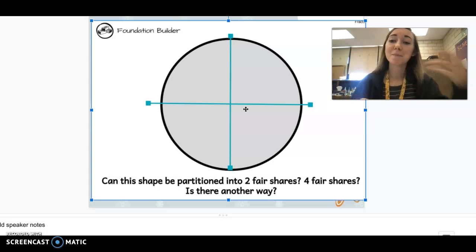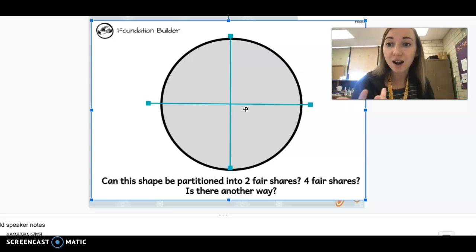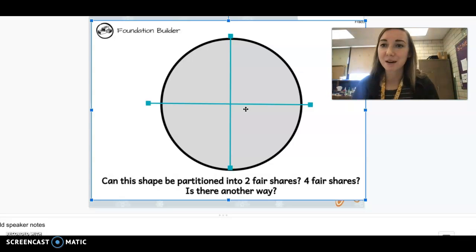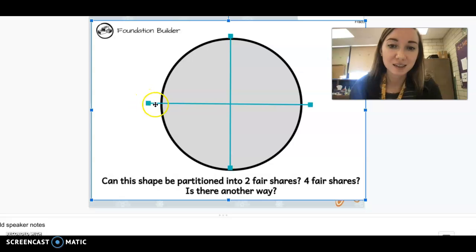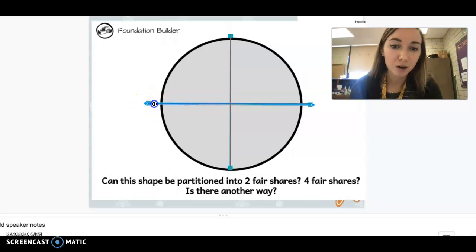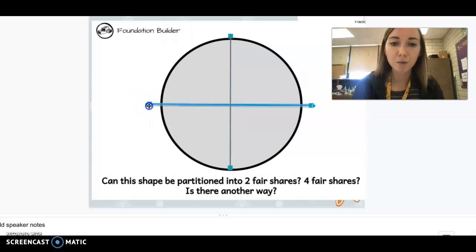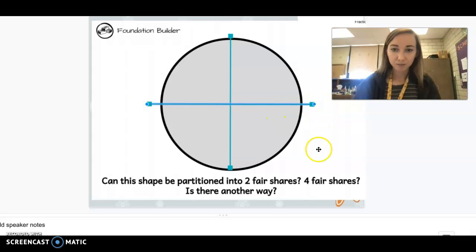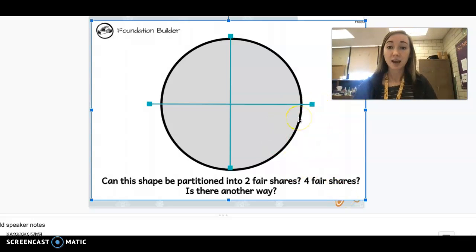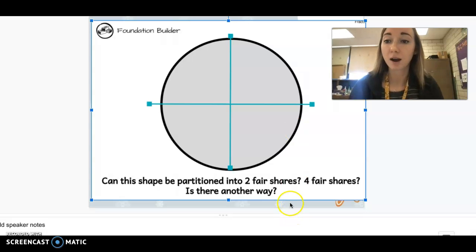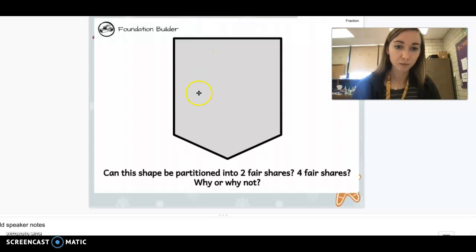I heard some people say pie. Both of those are correct. We use fractions a lot when we're talking about food. So this would be a real life time we would use that when we cut a pizza into pieces to share out. And we all want the same size pizza, don't we? So there we go. So there's 4 fair shares. And there might be another way to do that too. I'm going to let you guys explore with that a little bit later.